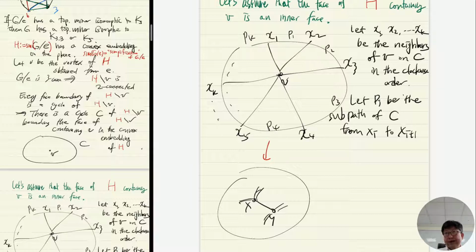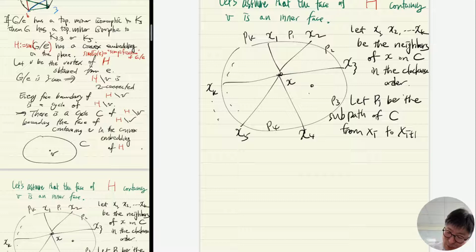All right. Let's change a little bit, so that instead of V, let's say this is X. Yes, that will be better.